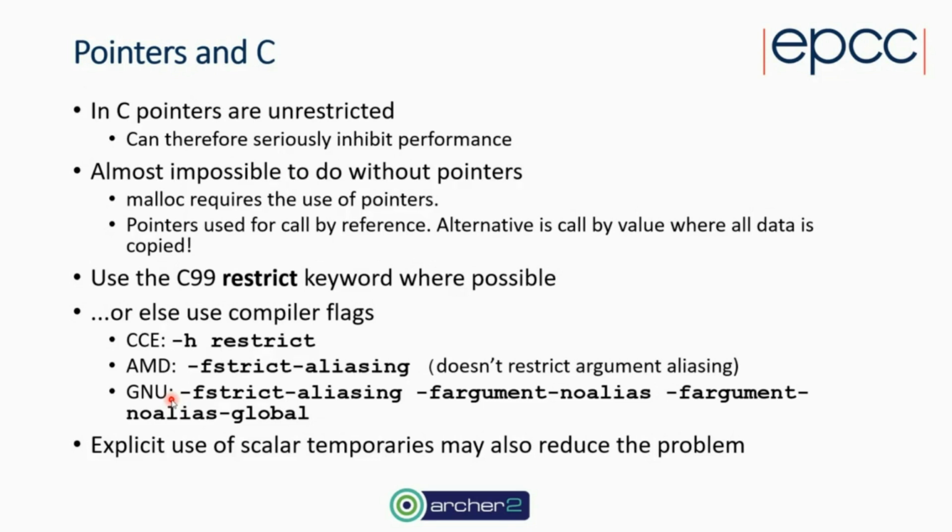You can also generally pass something to the compiler as a flag. For the Cray compilers, on C, this might be -h restrict, or for GNU, -fstrict-aliasing, -fargument-noalias, -fargument-noalias-global. If you pass all those in, that will turn on assuming restrict everywhere. Now, the AMD compiler is not quite as up to speed with this kind of thing yet, so it doesn't really have the proper argument aliasing options.